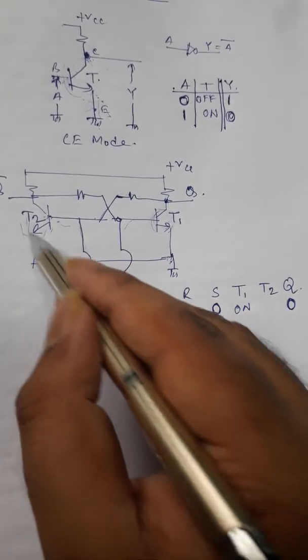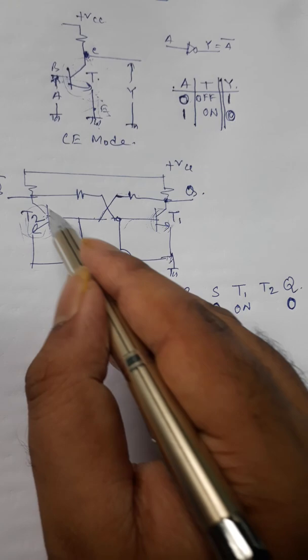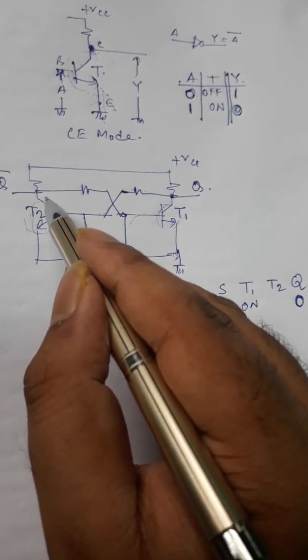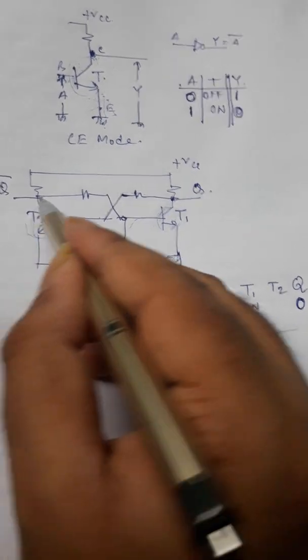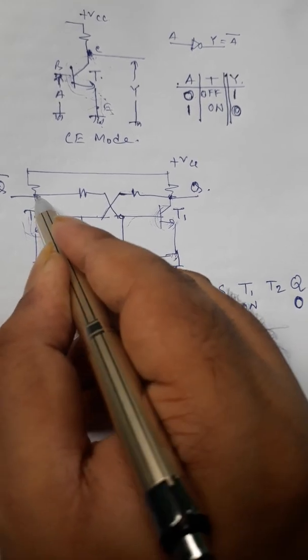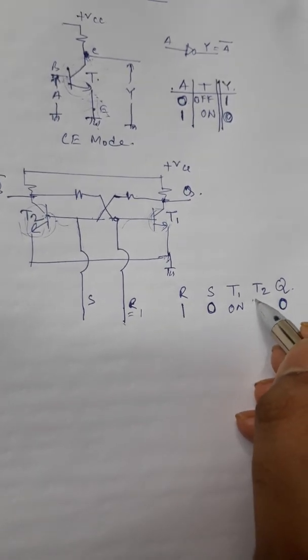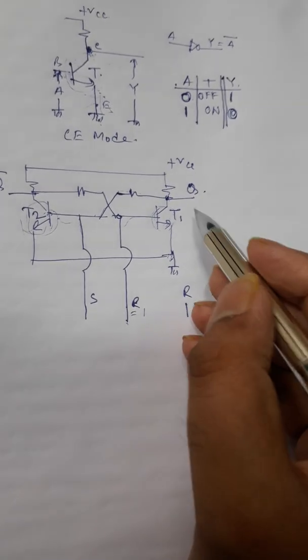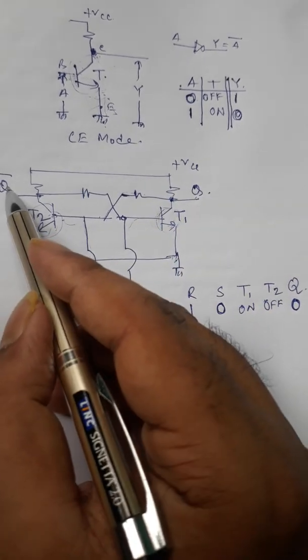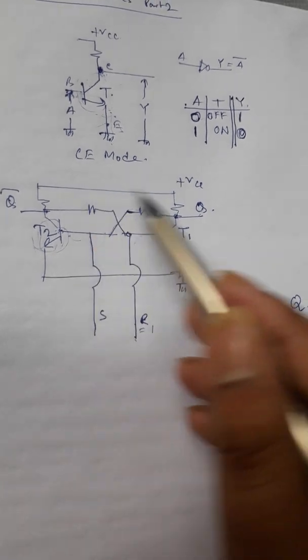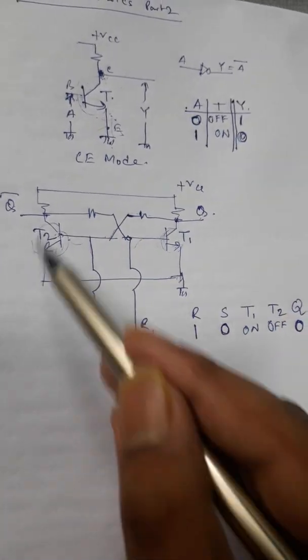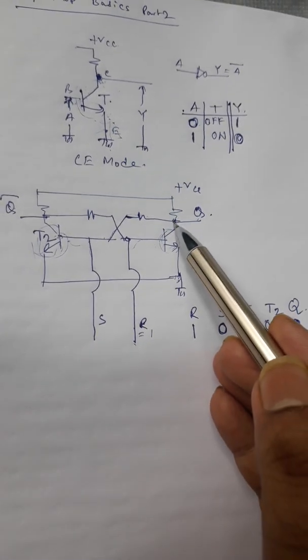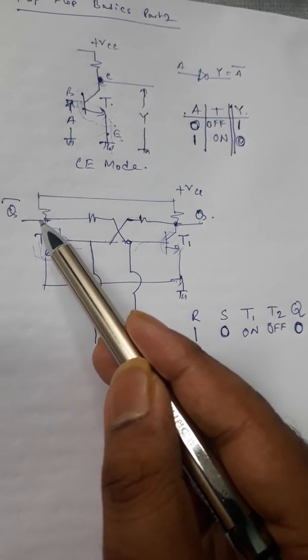And if T2 doesn't get anything, then this T2 transistor will be turned off. And as this is off, this point potential will be high. So if Q is 0, Q bar is 1. Now see, in this condition, we can see that Q is 0 and Q bar is 1.